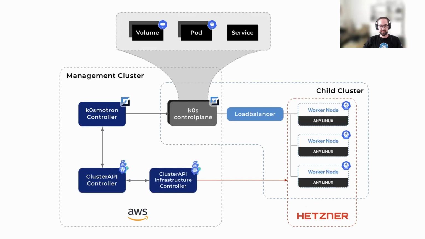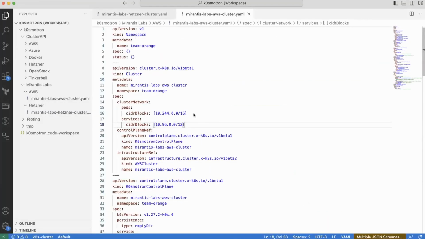So let's directly dive into some YAML. As you can see here, we have a manifest which is describing the whole cluster we want to create. We have a namespace here that says Team Orange. It can be a tenant or a project, or any other abstraction you would like to see here.